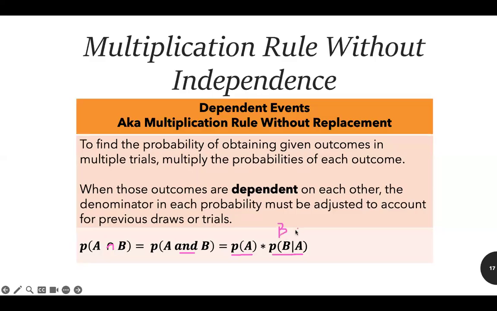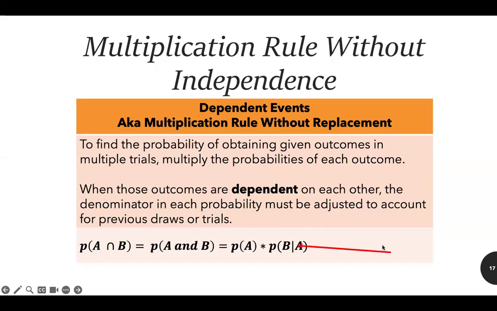B given A. So that's where it depends on what happened. So what we are going to get with our second event, B, is going to depend on what happened with our first event. So I'm going to demonstrate that.